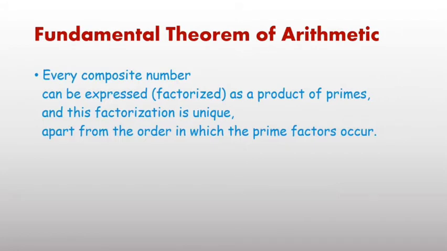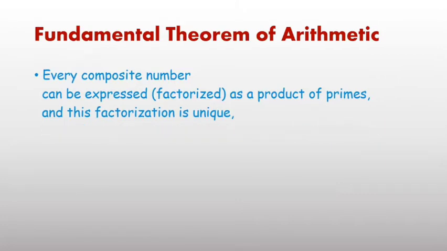First part is every composite number. Means you have to apply this theorem on composite numbers. I hope all of you know composite numbers. If any composite number is given, you can express it as a product of primes.